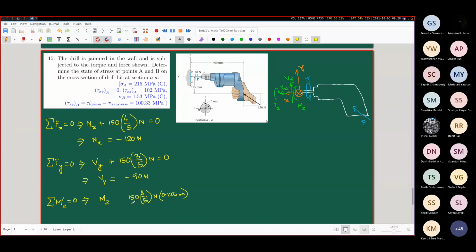Positive, because this will be oriented along positive Z. First, tell me the moment arm for the vertical component. 0.4 meters.